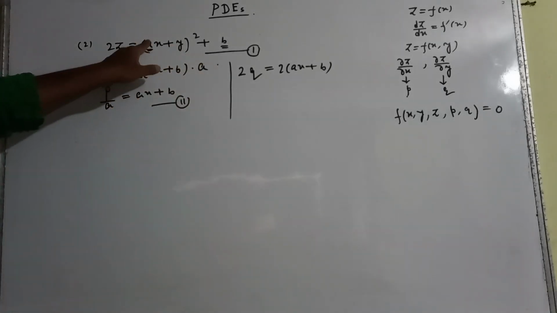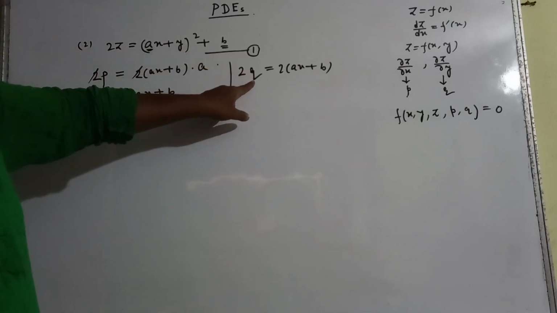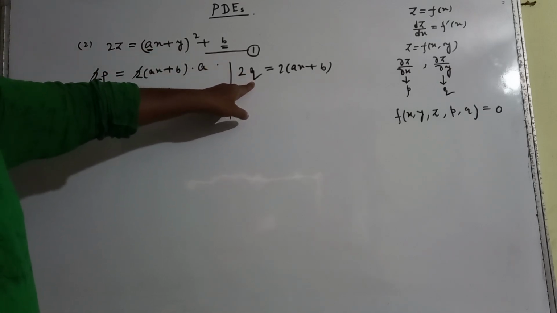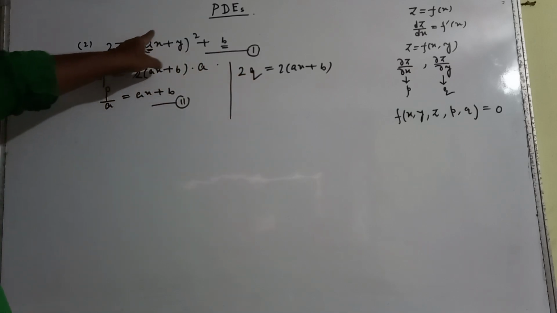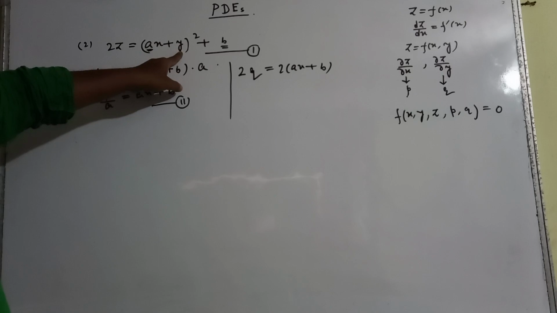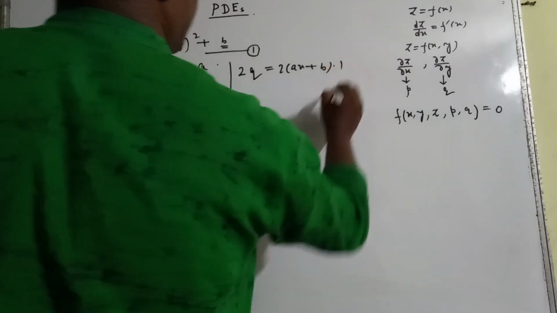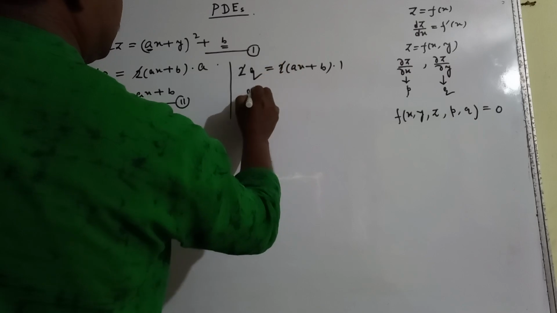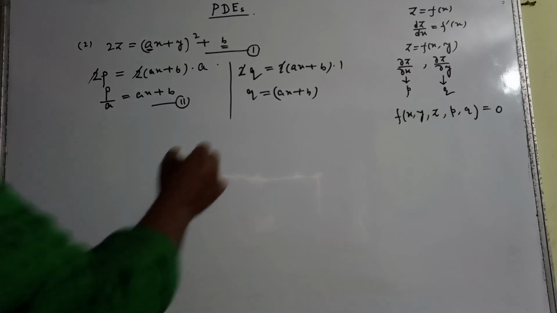The derivative of ax is 0 because we take x as constant, as we are differentiating partially with respect to y, and the partial derivative of y is 1. So 0 plus 1 is 1. The 2 cancels, then q equals ax plus y. This is number 3.